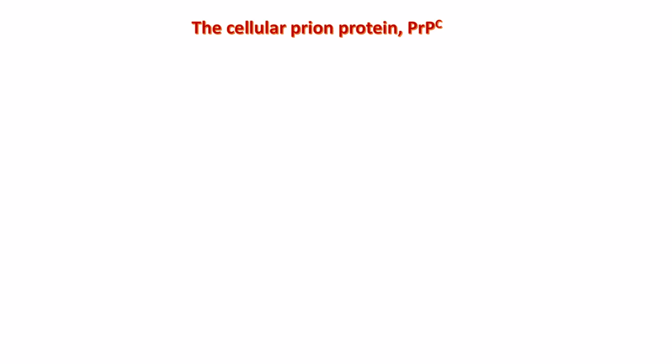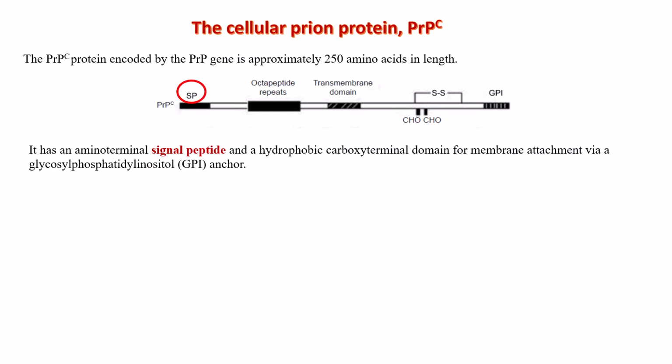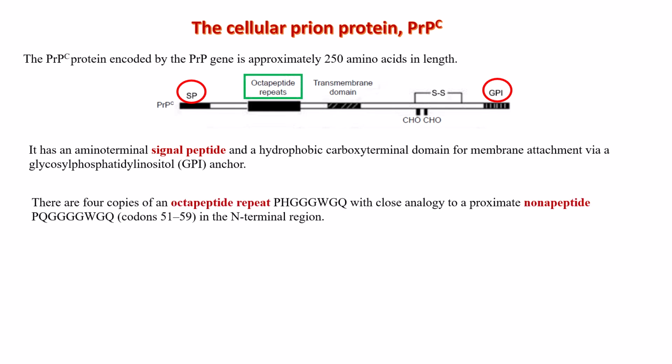Let us now talk about the cellular prion protein PRP-C. The PRP-C protein encoded by the PRP gene is approximately 250 amino acids in length. It has an amino terminal signal peptide and a hydrophobic carboxy terminal domain for membrane attachment via glycosyl phosphatidyl inositol, that is, the GPI anchor. There are 4 copies of an octapeptide repeat with close analogy to a proximate nonapeptide in the N-terminal region.